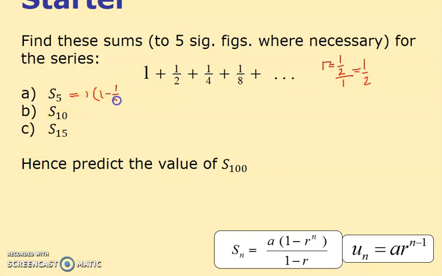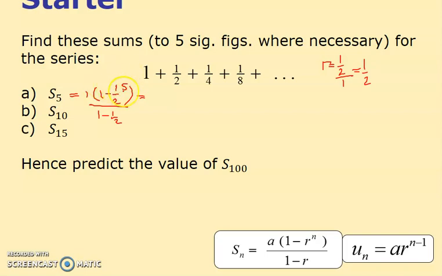So it's 1 minus a half to the power of 5 divided by 1 minus a half. So for the first one, I get 1 minus 0.5 to the power of 5, and I divide by 0.5, and I get 31 over 16.